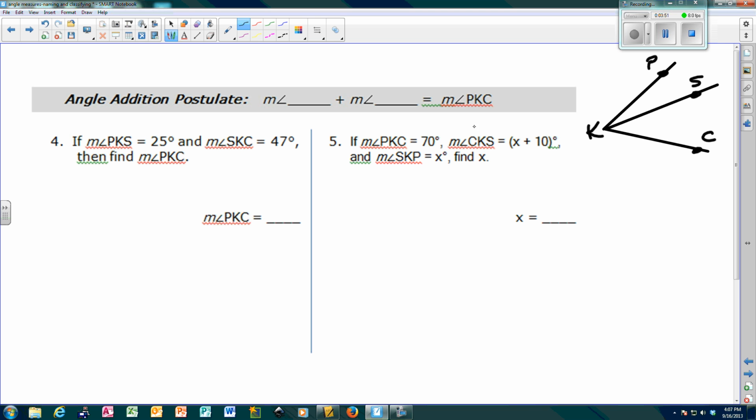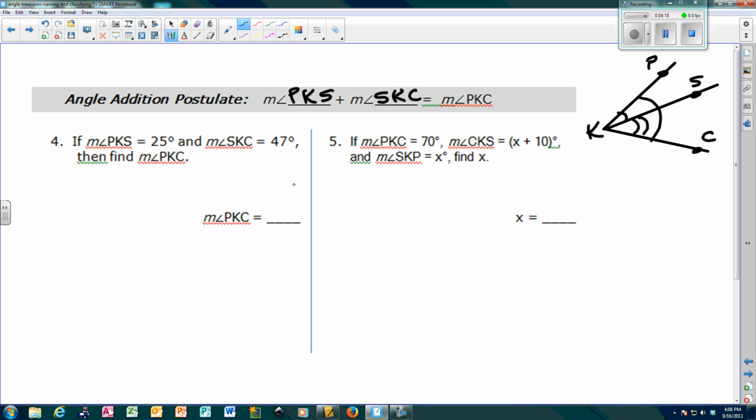Just like segment addition, this piece plus this piece equals the whole piece, angle addition works the same way. So we could say angle PKS plus angle SKC equals PKC. So we have this one plus this one equals the whole thing.